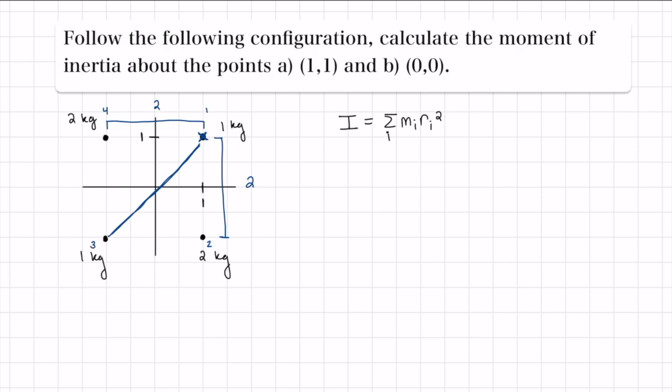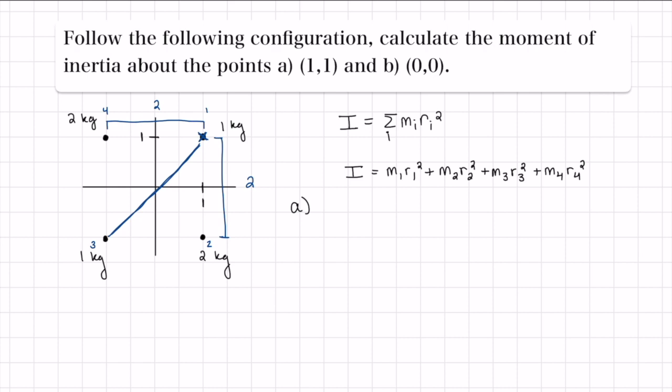So if we were to plug that into the formula, we're going to have m1 r1 squared plus m2 r2 squared plus m3 r3 squared plus m4 r4 squared. So this will be true for A and B.